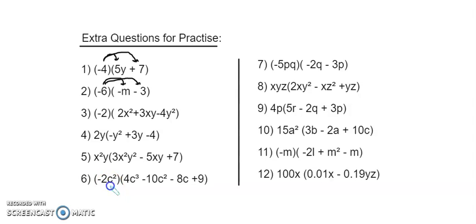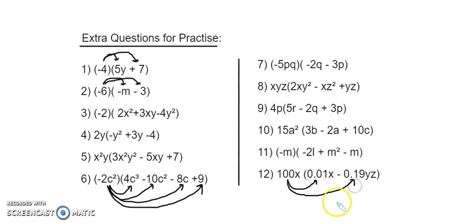Minus 2c square will be multiplied with 4c cube minus 10c square minus 8c and 9, with all the 4. Similarly, here 100x will be multiplied with 0.01x and 100x will be multiplied with 0.19yz. Right? So the sign which is in the center will be put as the common sign. Hope it is clear. Thank you.